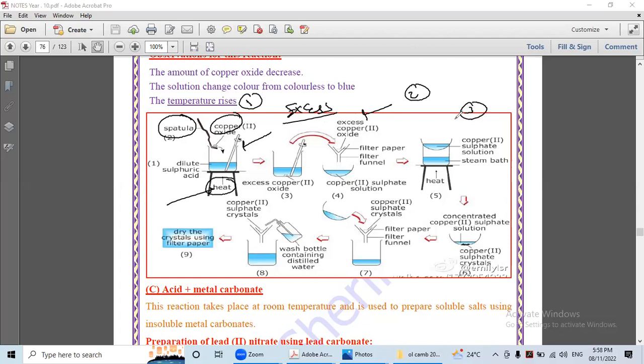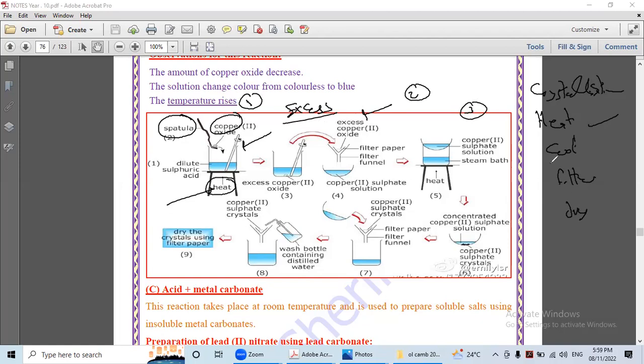Number three, crystallization. Heat, cool, filter, dry. Here's the solution, heated till the crystallization point. How can we know that the crystallization point has been reached? Mixing with a glass rod, crystals formed.